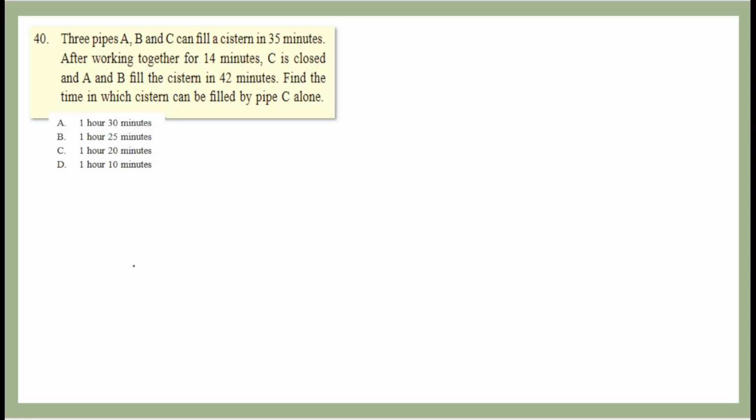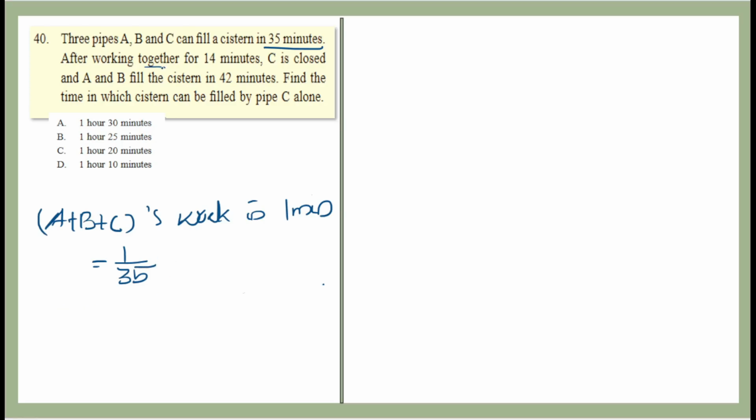Three pipes A, B and C can fill in 35 minutes means their work in 1 minute equals 1 by 35. They work together for 14 minutes. Therefore, their work in 14 minutes equals 14 by 35.